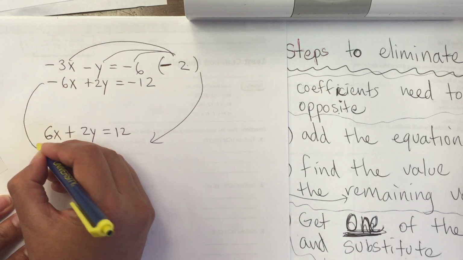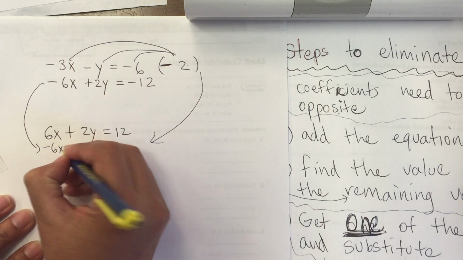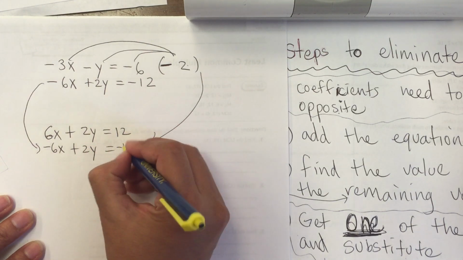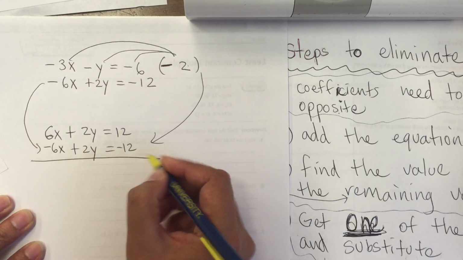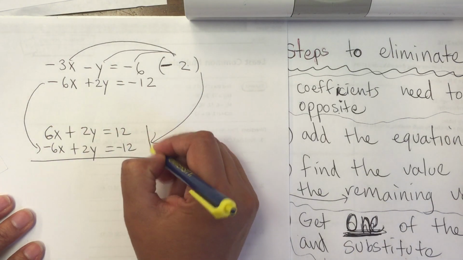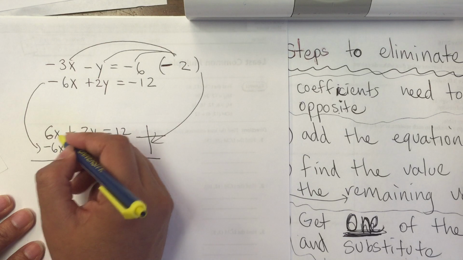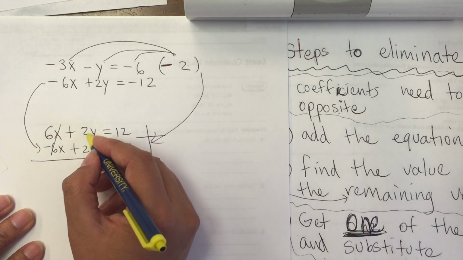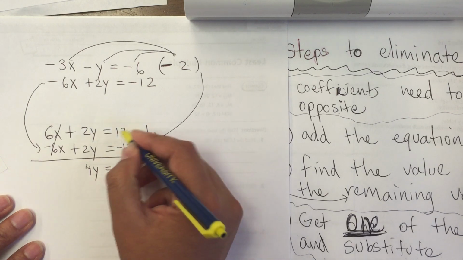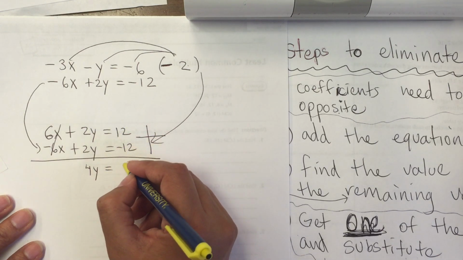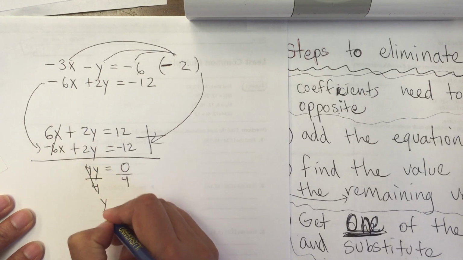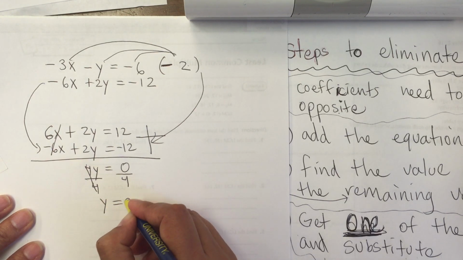This one you will bring just as it is, negative 6x, positive 2y, negative 12. Now that they have opposite signs, we can add the two equations and this eliminates. So I have 2y plus 2y is 4y equals 12 minus 12 is 0. Divide both sides by 4, and so y is equal to 0.